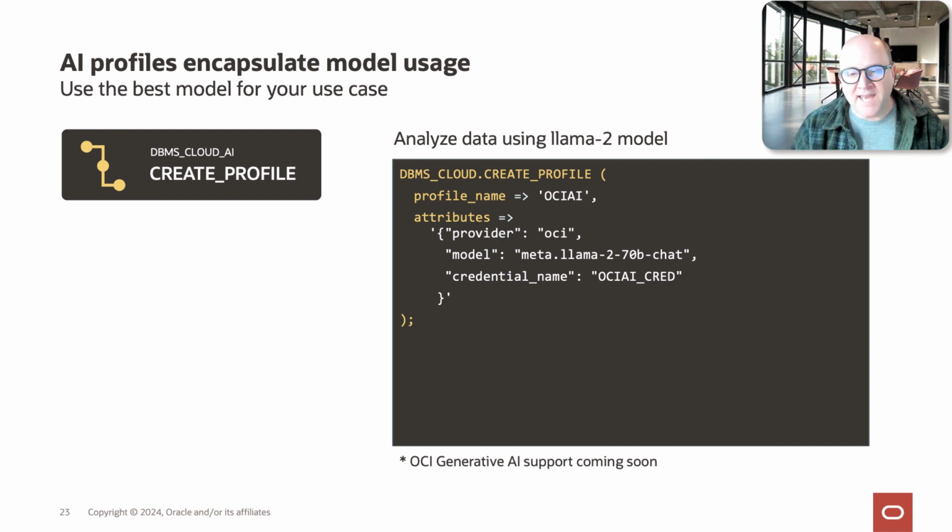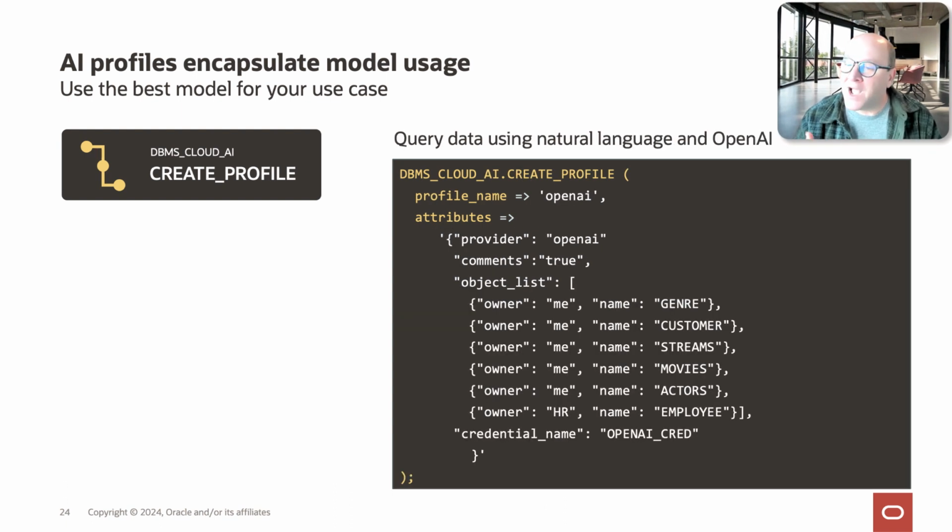So the profile, I kind of dug into it a little bit. This is actually the code behind it, where you say, hey, I'm going to create this profile. In this case, my provider is OCI, and this is the model that I want to use, right? Now, maybe in this use case, I'm going to use this one for doing perhaps analytics, right? This next one, if I want to use it for natural language querying, OpenAI is a really good model for doing natural language querying.